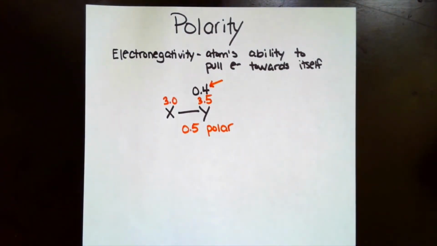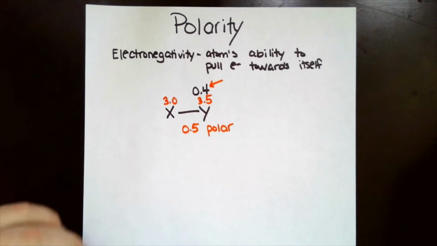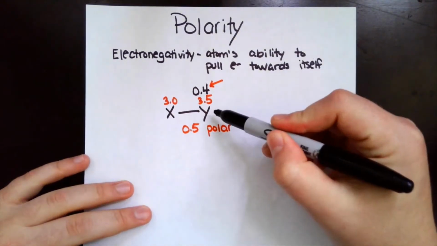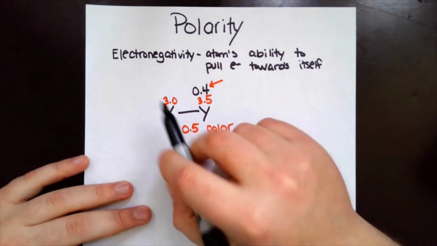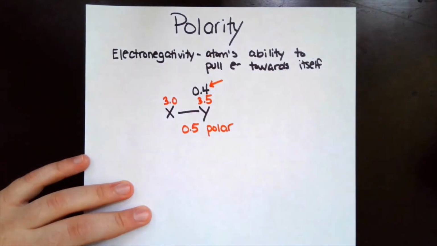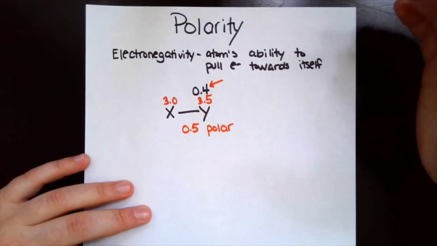Now your textbook refers to it as a pure covalent bond, but it's more often referred to as non-polar. So what does that mean? Well, in a polar bond like this one right here, effectively what that means is that the more electronegative atom, Y in this case, is able to pull these electrons closer to itself. Think of it as if they're playing tug-of-war.